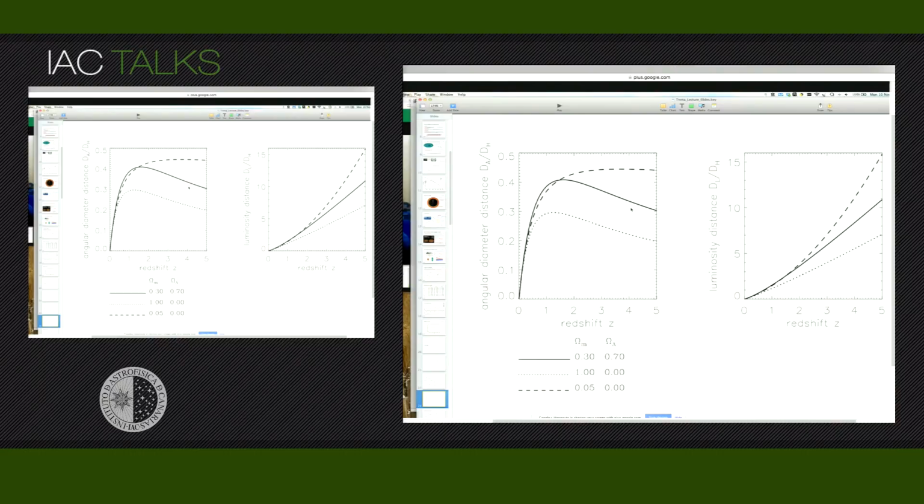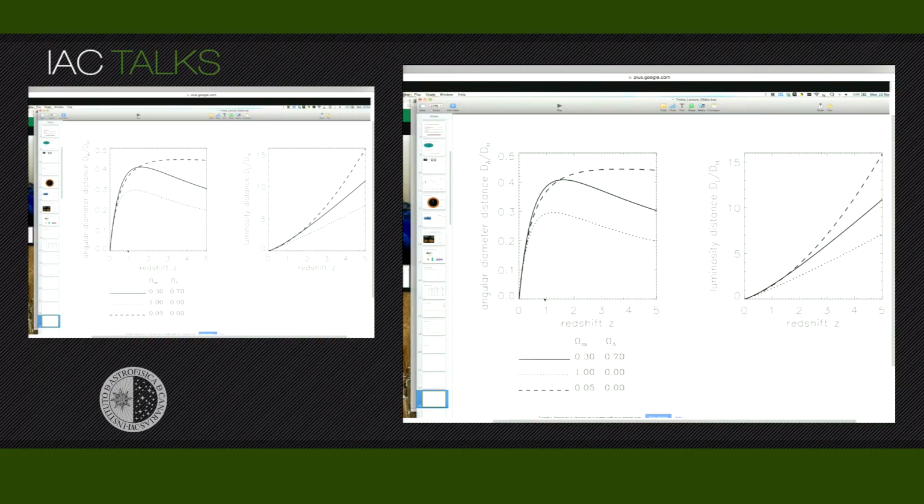The apparent size of the object for this particular cosmology becomes larger again as a function of redshift. But you can see that if I change the cosmological parameters, for example if I make the universe flat but with no cosmological constant, the angular diameter distance is different. It has a similar functional behavior, but the value is different.